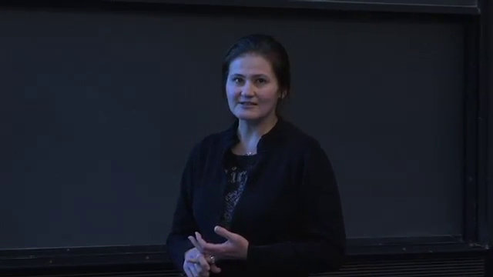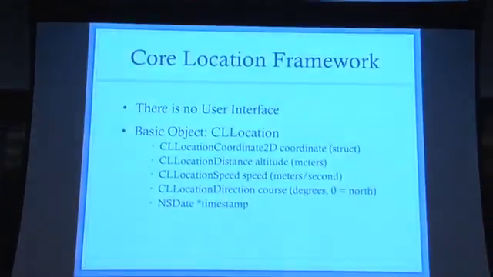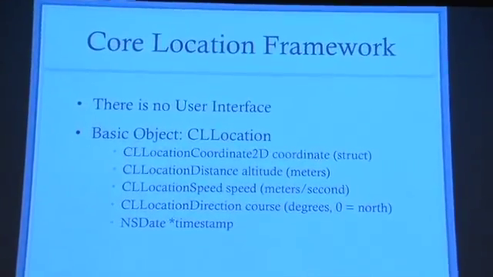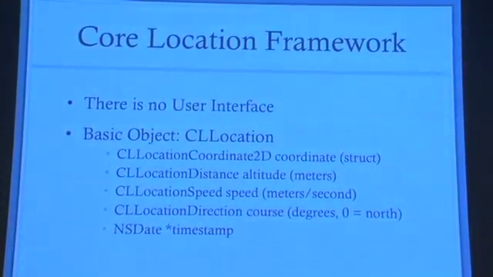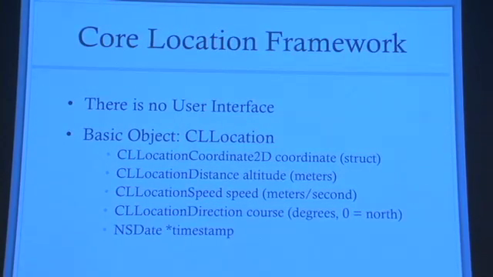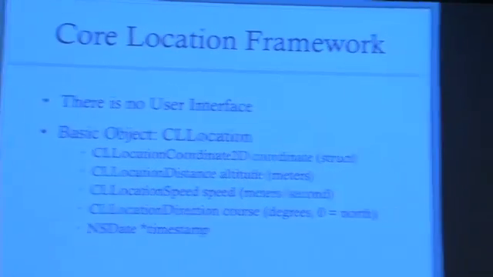It's got a CLLocationDistance to measure altitude, which is in meters, a speed, which is measured in meters per second, and a course, which is a heading. This is measured in degrees, with 0 being north, and it goes clockwise. And then an NSDate timestamp property, which puts a timestamp on your location when it was taken.